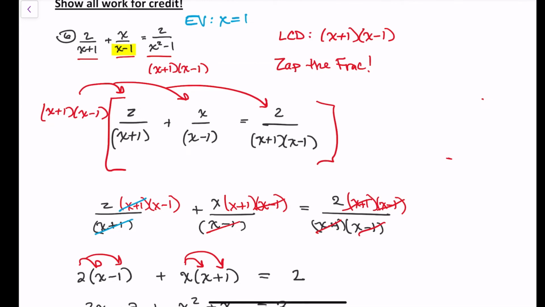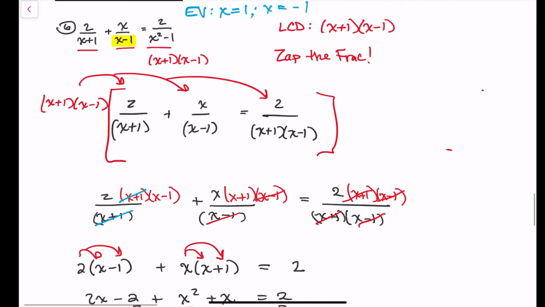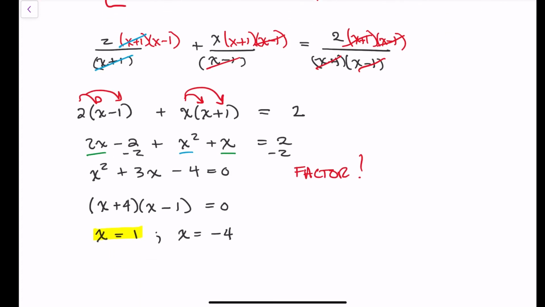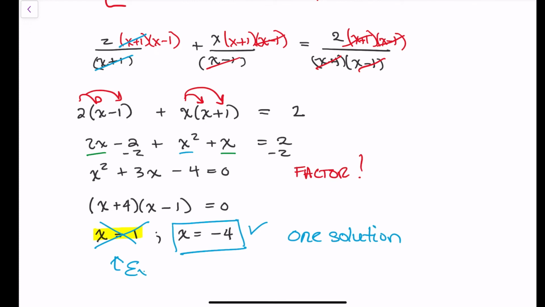And so since x equals 1 was one of my solutions, and it's also an excluded value, I just cross through that answer. It doesn't work as a solution because that would make the expression undefined, and I only end up with one solution here to this problem. So that x equals 1 would be the extraneous solution.